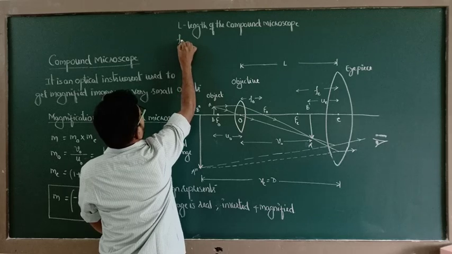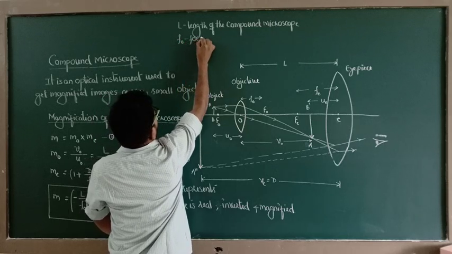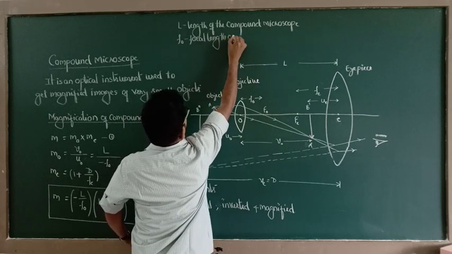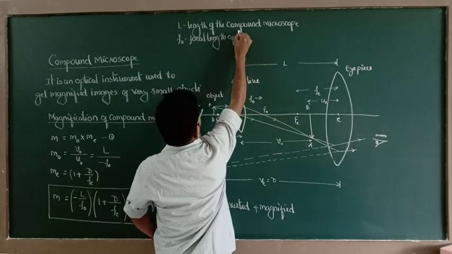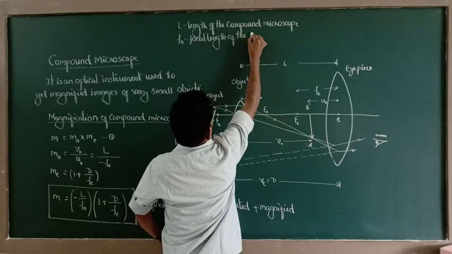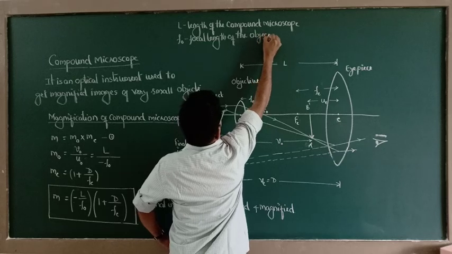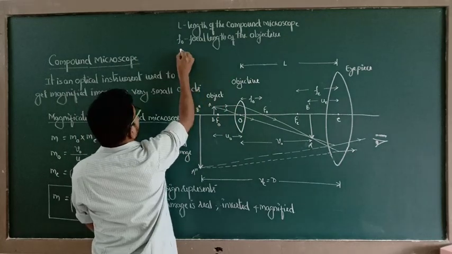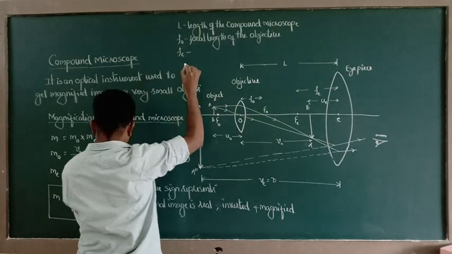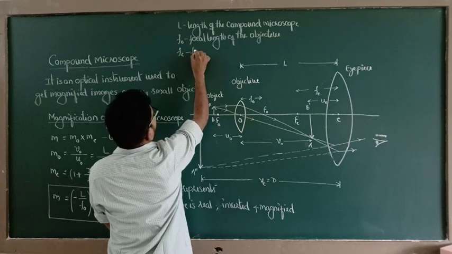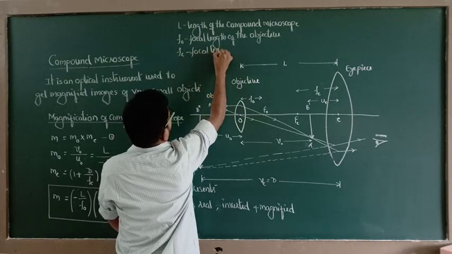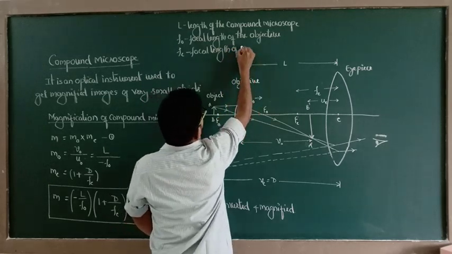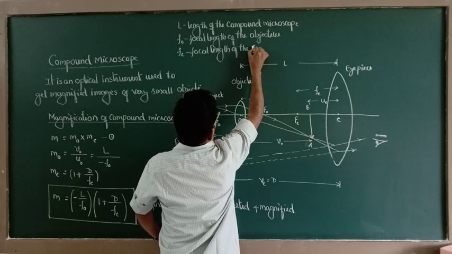F subscript O is the focal length of the objective. F subscript E is the focal length of the eyepiece.